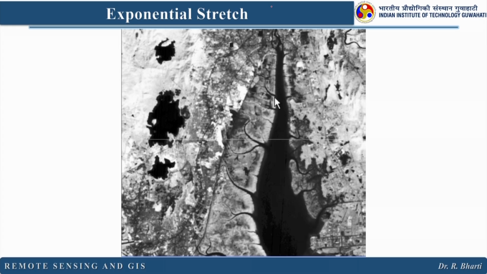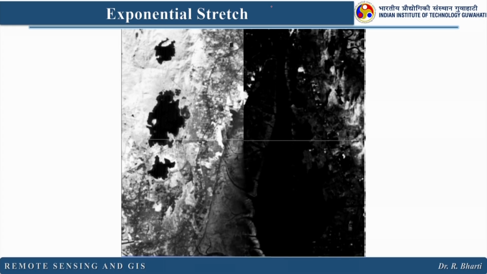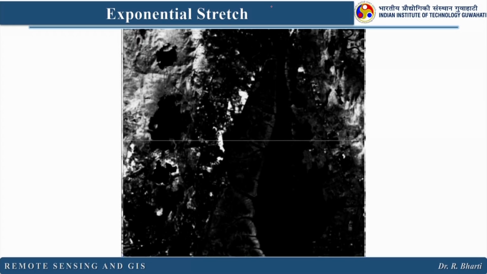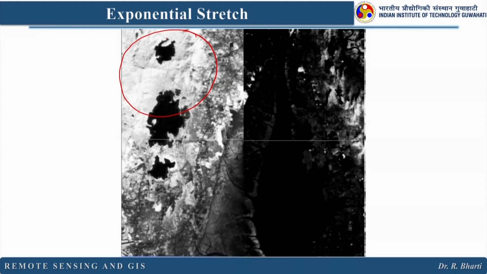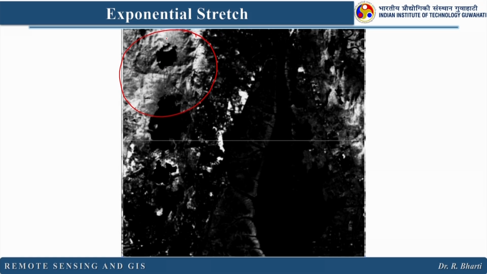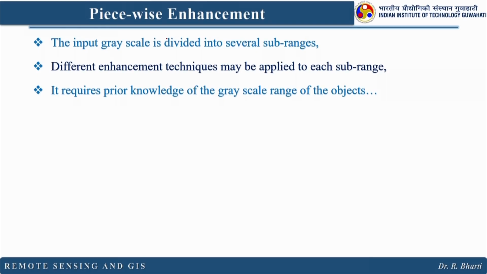This is another example where you can easily see what is happening. Compare this particular area: here it is brighter and nothing much is seen. If you see this one, there is more information. So this is the advantage of exponential stretch.